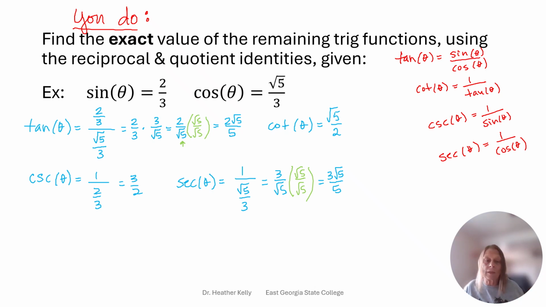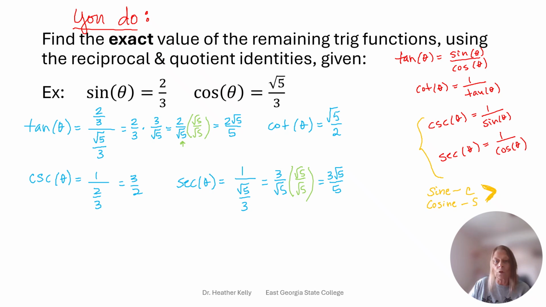Let me mention one thing here because this is a lot of stuff to remember. One of the ways that I remember which ones are reciprocals between the cosecant and the secant is I always remember sine goes to the C and cosine goes to the S. In other words, they always go to the opposite letter.